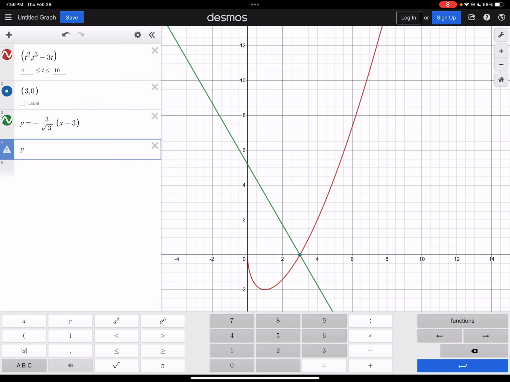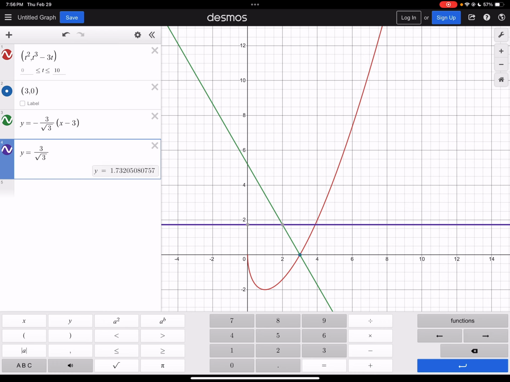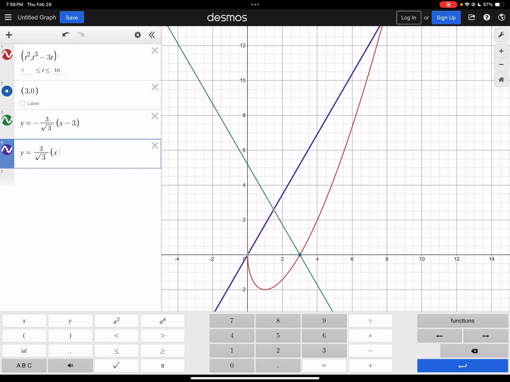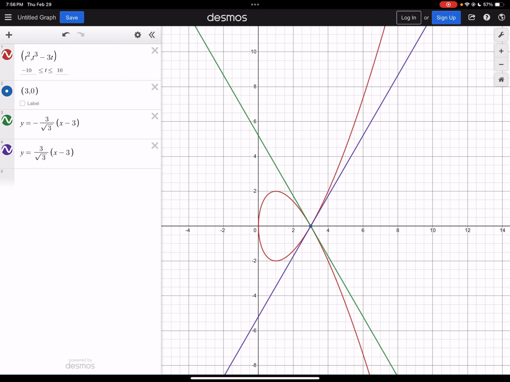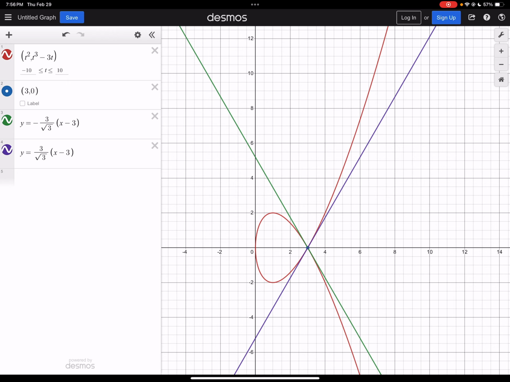And then y is equal to 3 over root 3 x minus 3. Let's have that being, let's say, negative 10. Okay, there we go. So you can see here, I should have started at negative 10 to 10, because technically t doesn't have to be 0.